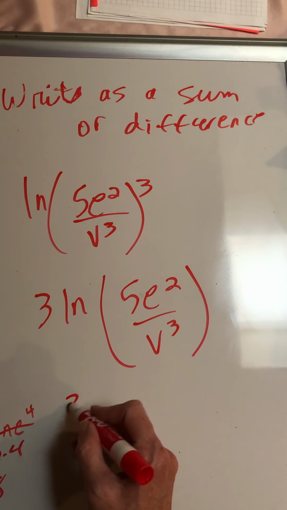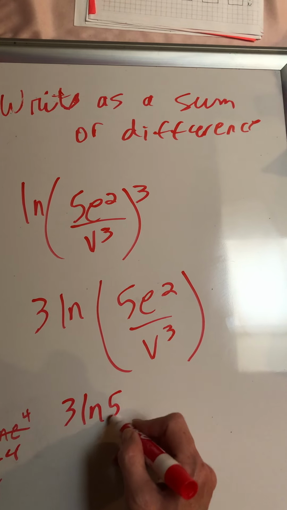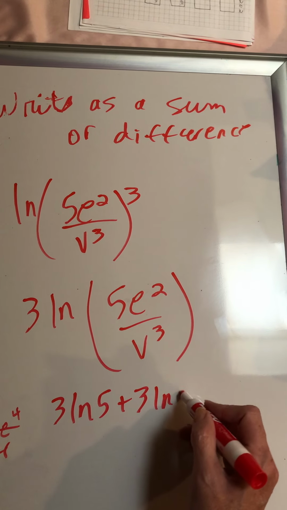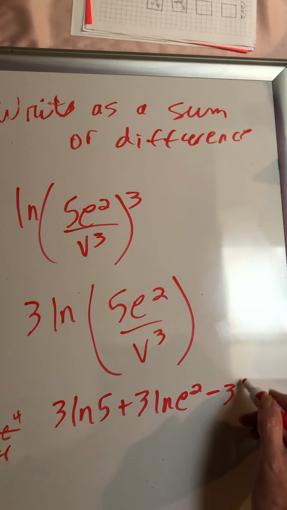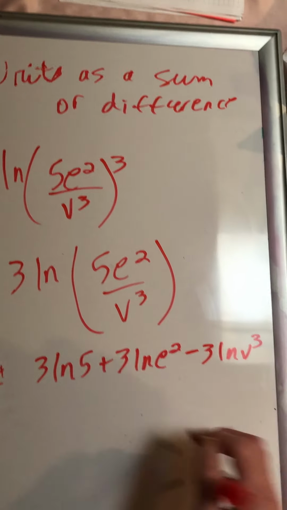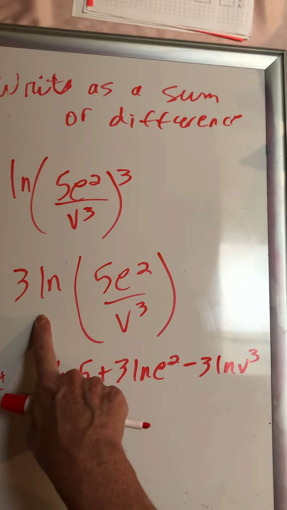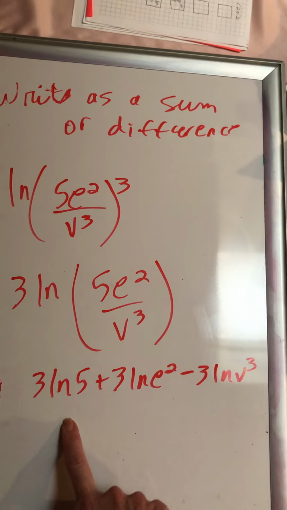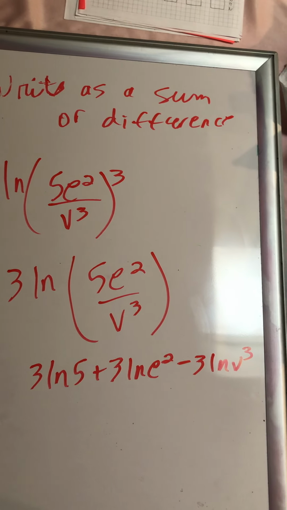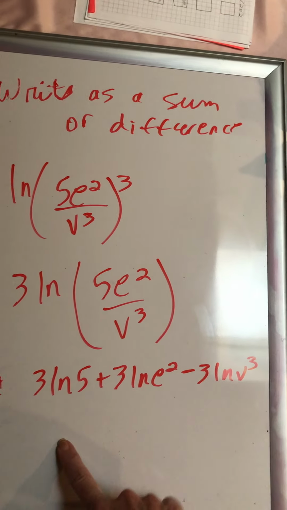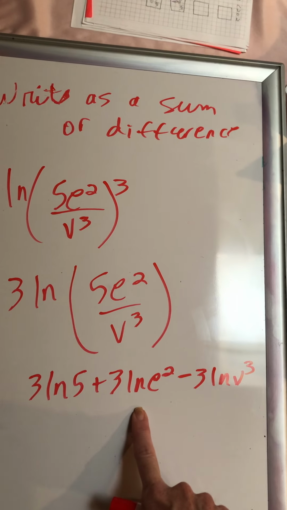So then I'm going to rewrite 3 ln 5 plus 3 ln e squared minus 3 ln v cubed. Again, that 3 ln has to distribute to the 5. It's not really the distributive property, but I think that's a way you can remember it, that the 3 and the ln both go to everything in parentheses.